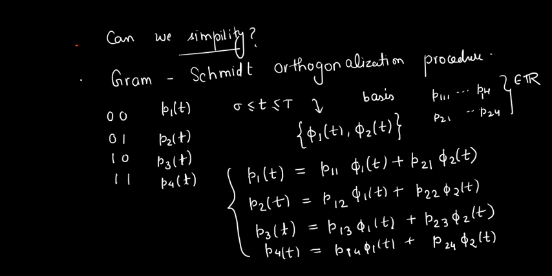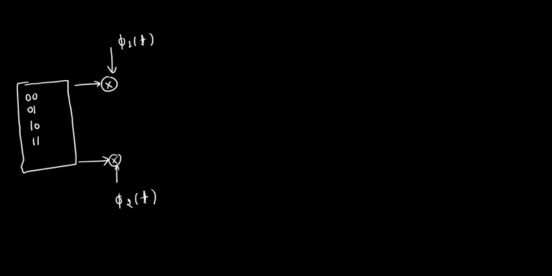You can have 2 waveform generators, phi 1 t and phi 2 t. What you need to do is provide a mapping table which maps 0 0 to P11 P21.